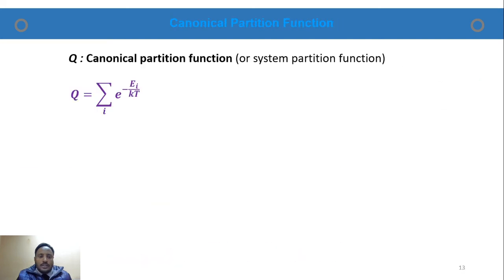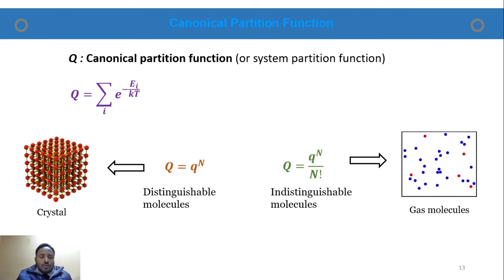Capital Q is equal to the summation of e to the power minus capital EI divided by KT. Here capital EI stands for the energy of a collection of molecules which are at a particular state I. Now this capital Q is related to small q in two different ways.